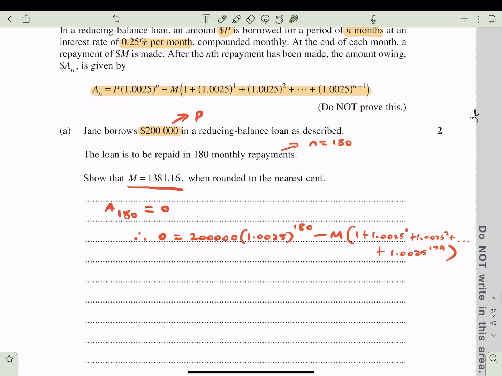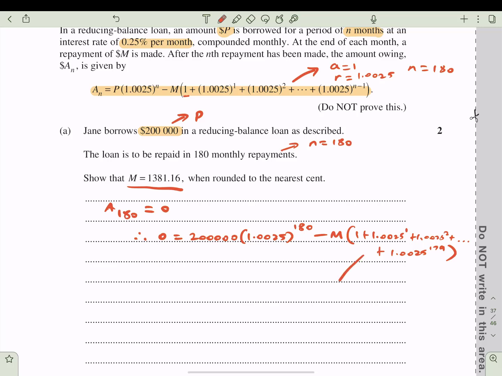Now, we should all know this from financial maths, as well as sequence and series, that this is a geometric progression or geometric series. So what that means is a is equal to 1, my first term. R, my common ratio, is 1.0025. And n is equal to 180, because there's 180 terms in here.